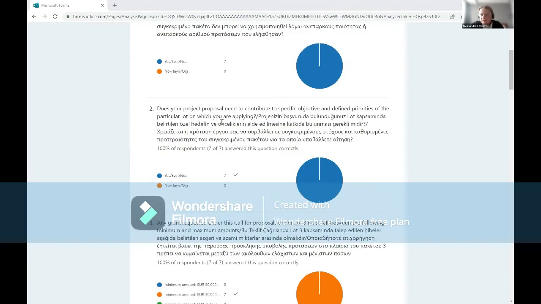Question number 2: does your project need to contribute to specific objectives of the lot that you are applying for? Common sense, yes, of course it should. Very important, because this is how your relevance is going to be assessed. So it's very important that in your concept notes you elaborate how this is actually going to be done, how your project contributes to specific objectives and priorities, and all of you have answered correctly.